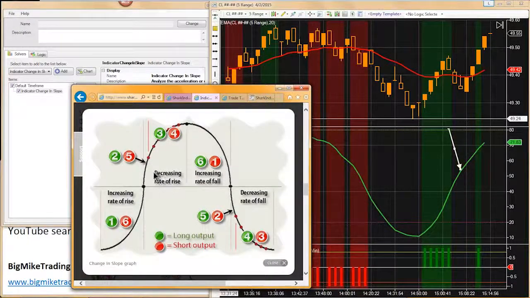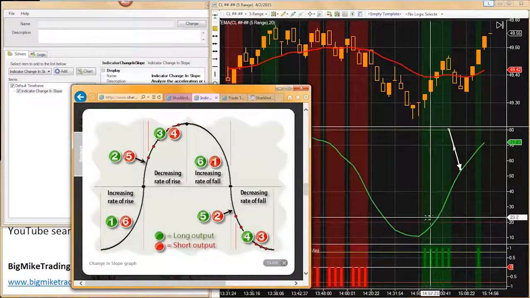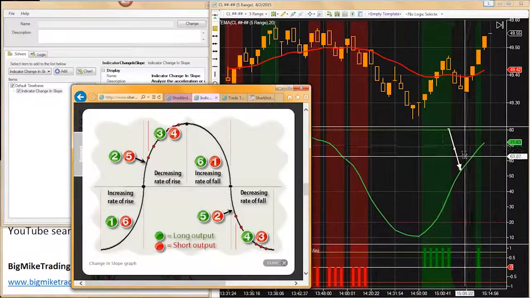So the rate of rise is decreasing. It's still rising, but it's decreasing in its rise as if it's going to start to roll over. It doesn't mean it's going to roll over, of course, but we're not continuing to increase.